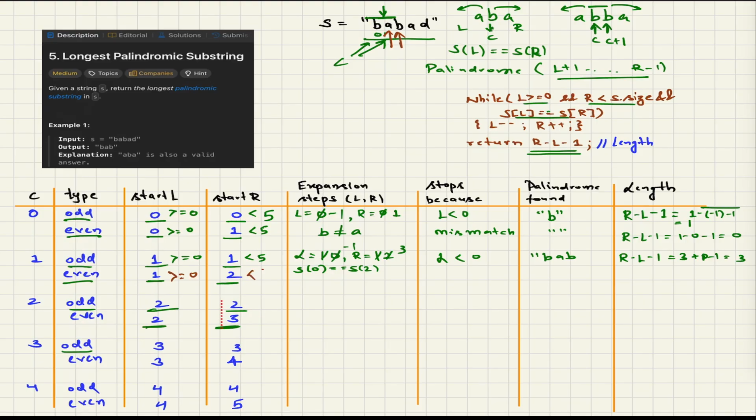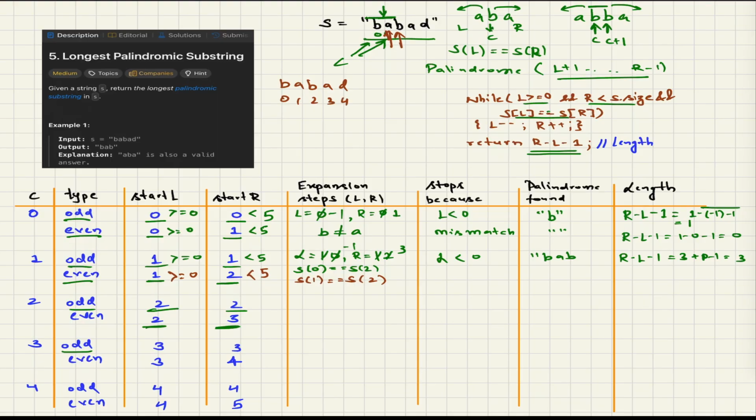Yes, it is. Is it less than 5? Yes, it is. Now is S of 1 equal to S of 2? Let us see. Let me write here BABAD, 0, 1, 2, 3, 4.